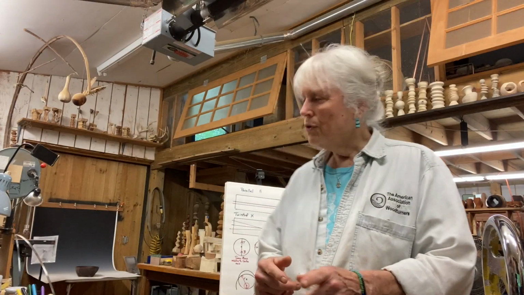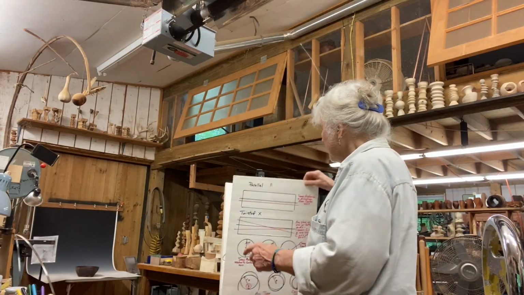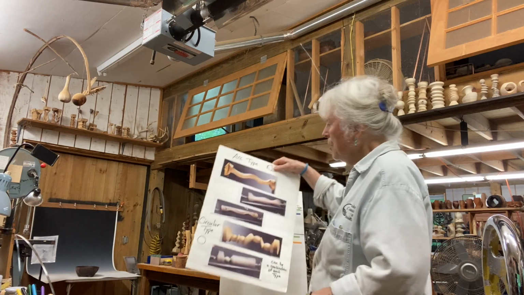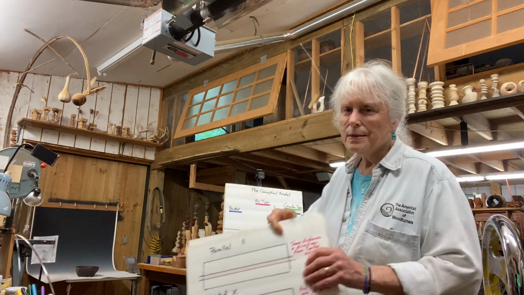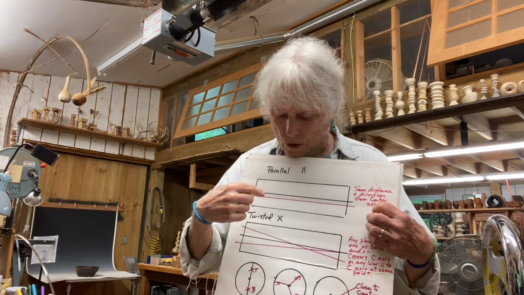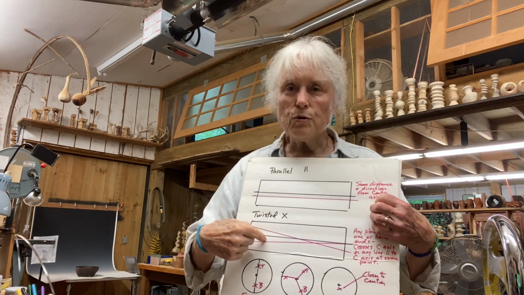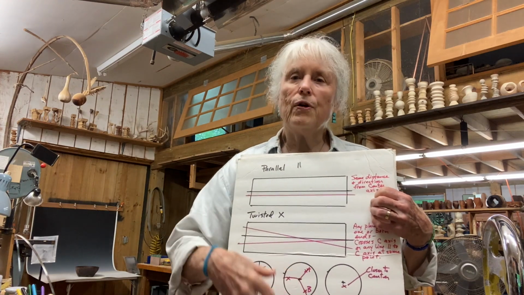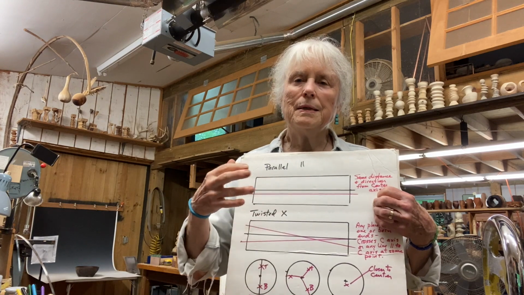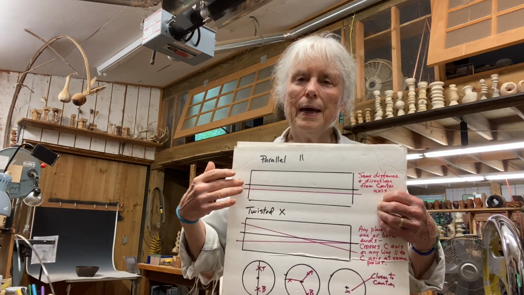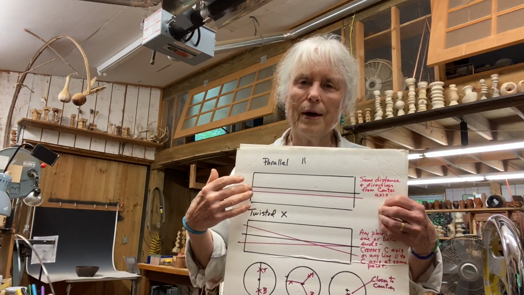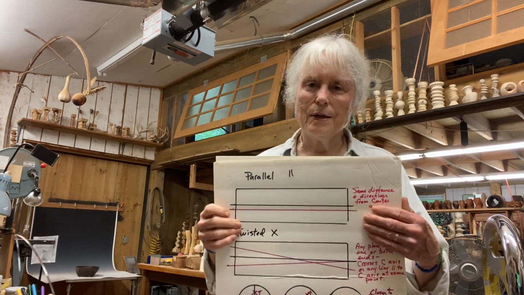So in the first video, we talked about the fact that there are 2 types of axis placement, either parallel or twisted, and then under that come a lot of variations, but 2 basic types of axis placement that are relative to that center axis, or any line parallel to that center axis.